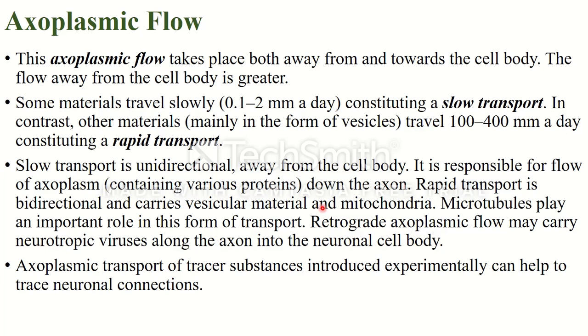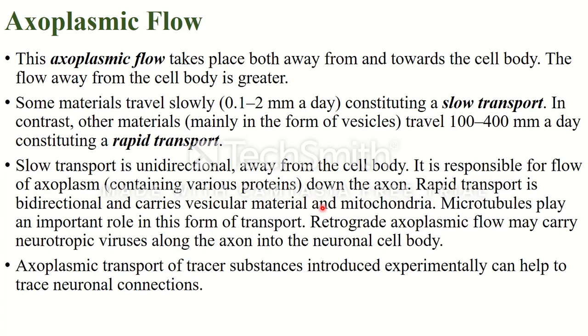Consider one axon, and inside the axon there is a cytoplasm. This cytoplasm is called axoplasm because it's dedicated to the axon. So axoplasm has a flow inside the axon.